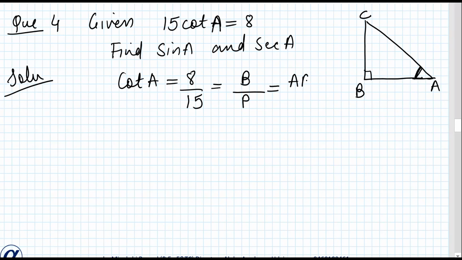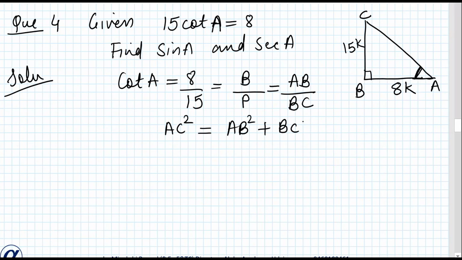Base is AB and perpendicular is BC. That means AB can be written as 8K and BC can be written as 15K. Now AC we can find by Pythagoras theorem. AC square equals AB square plus BC square, that is equal to 8K square plus 15K square.